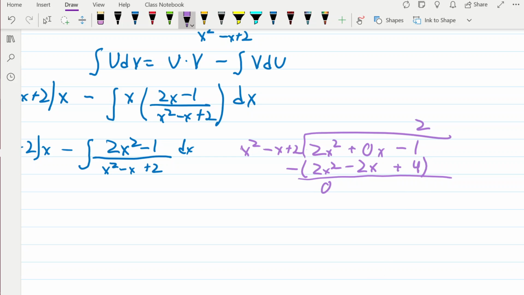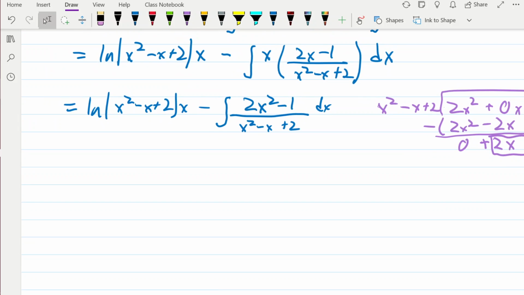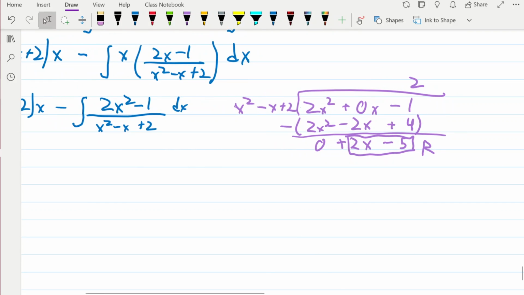So that was going to be 0 minus 2, no, plus 2x minus, so 1 minus 4 is minus 5. So this will be our remainder. Okay, so this now gives us our fraction plus what we took out, so 2 plus 2x minus 5 over x squared minus x plus 2.